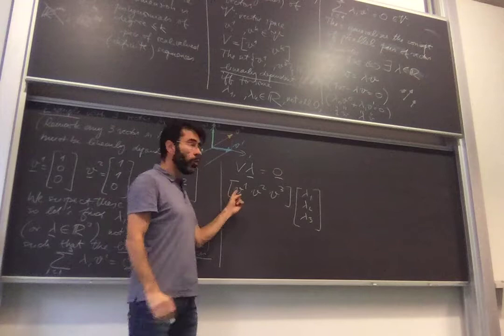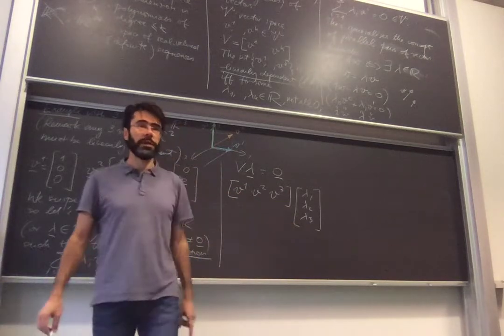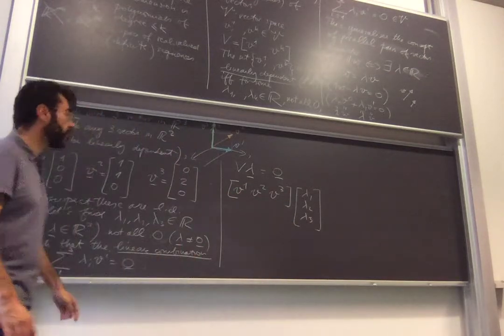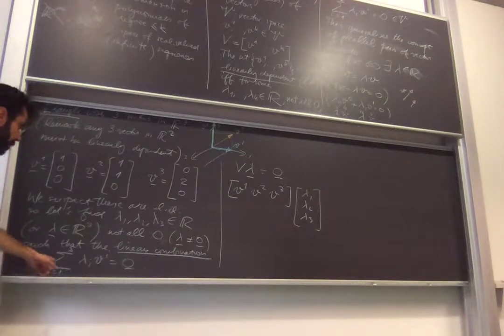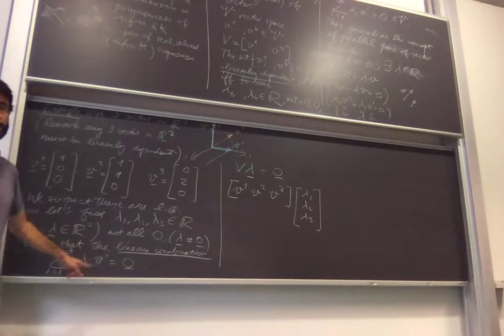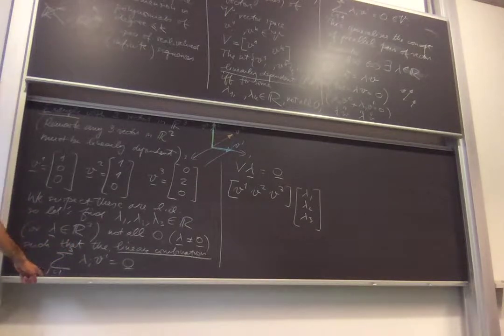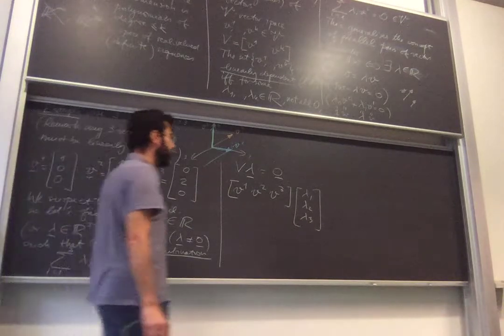The so-called row column multiplication or matrix multiplication that was introduced earlier is nothing but a quick way of writing expressions of this type. That's basically what a linear combination is.